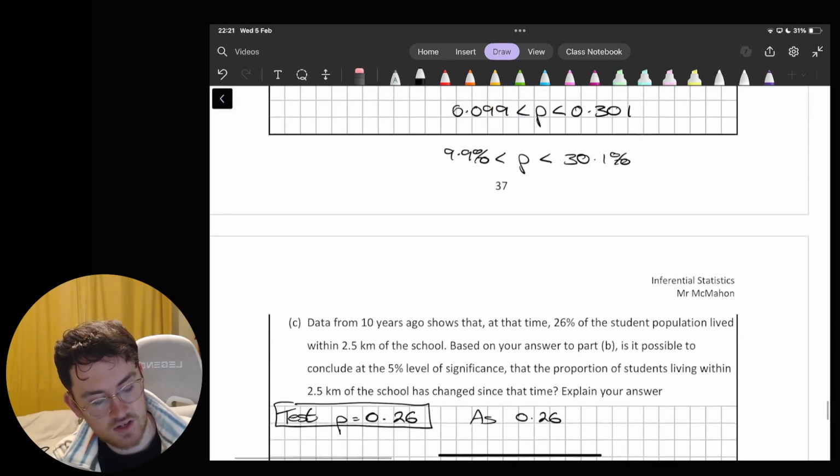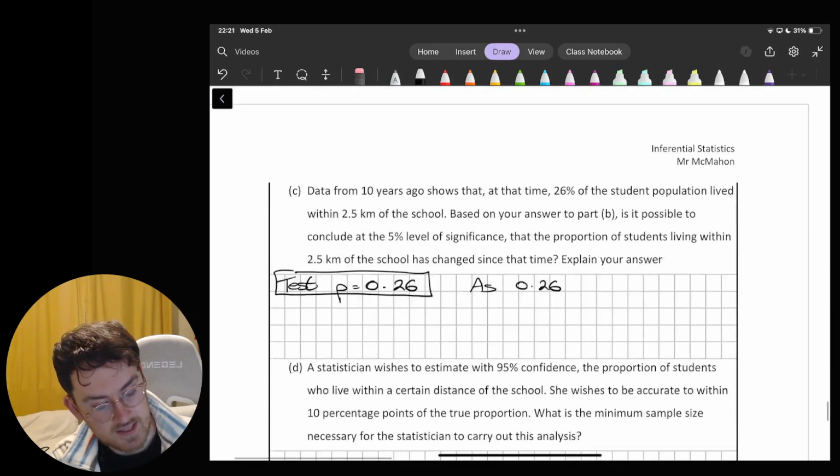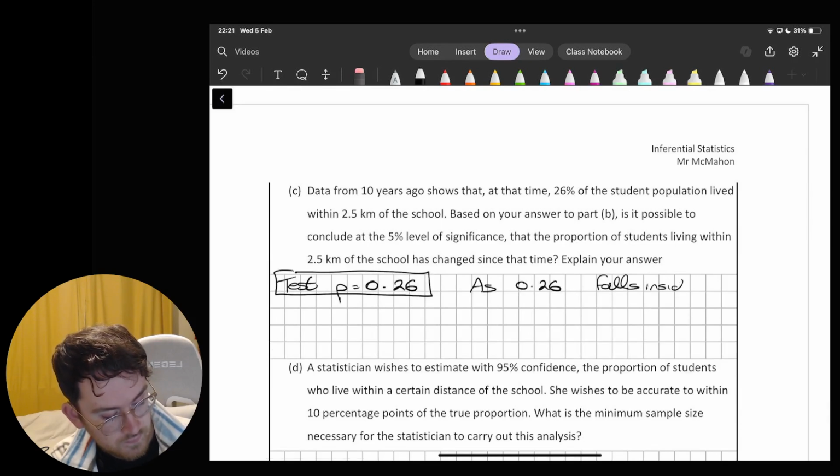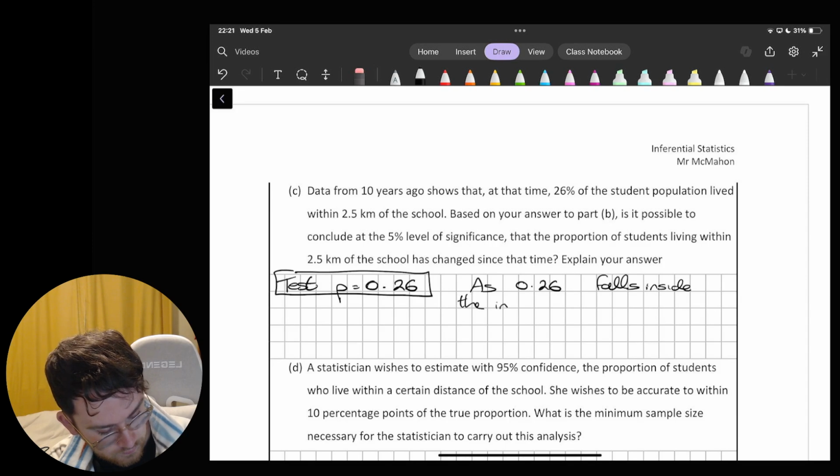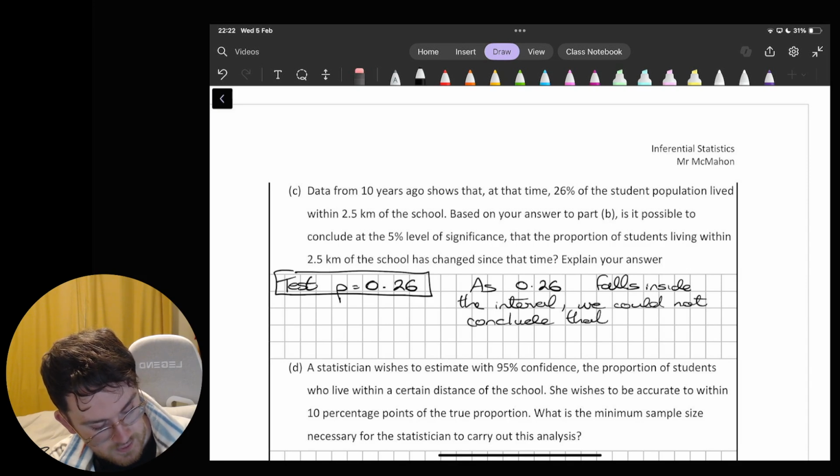Is it inside it or not? It falls inside the interval. We could not conclude that the proportion has changed.